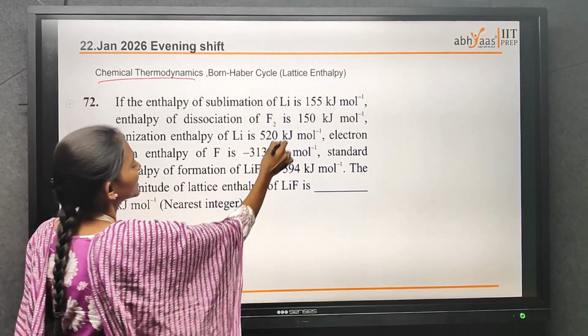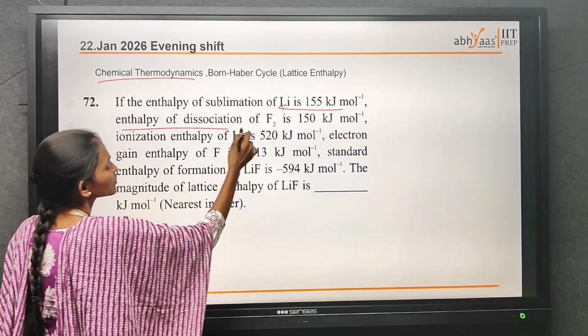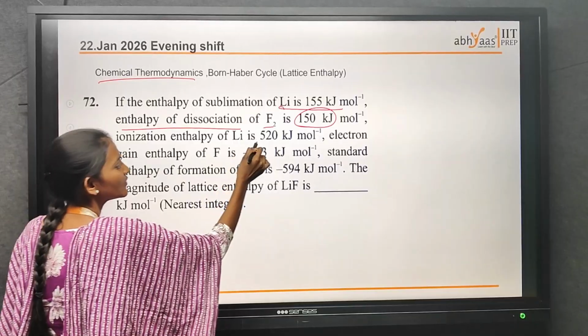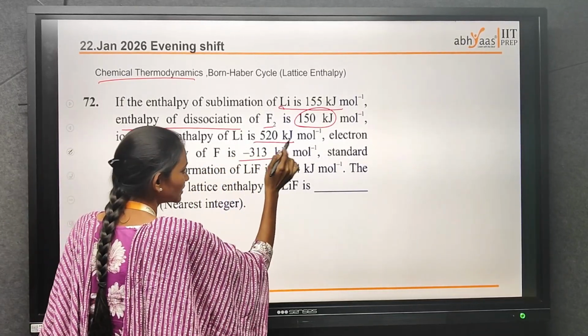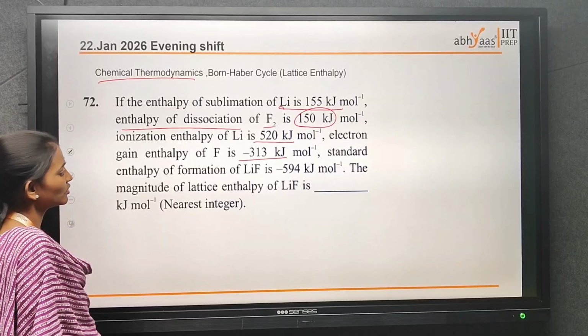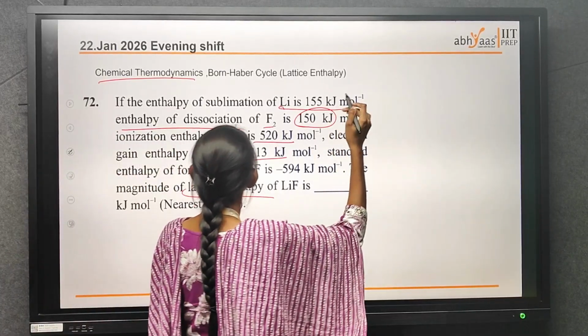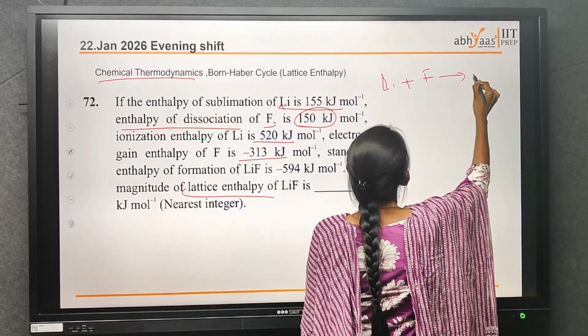They have given that the sublimation enthalpy of lithium is 155 kJ/mol, the enthalpy of dissociation of F2 is 150 kJ/mol, the ionization enthalpy is 520 kJ/mol, and the electron gain enthalpy of fluorine is minus 313 kJ/mol. They are asking for the lattice energy. We have Li plus F, giving lattice energy.